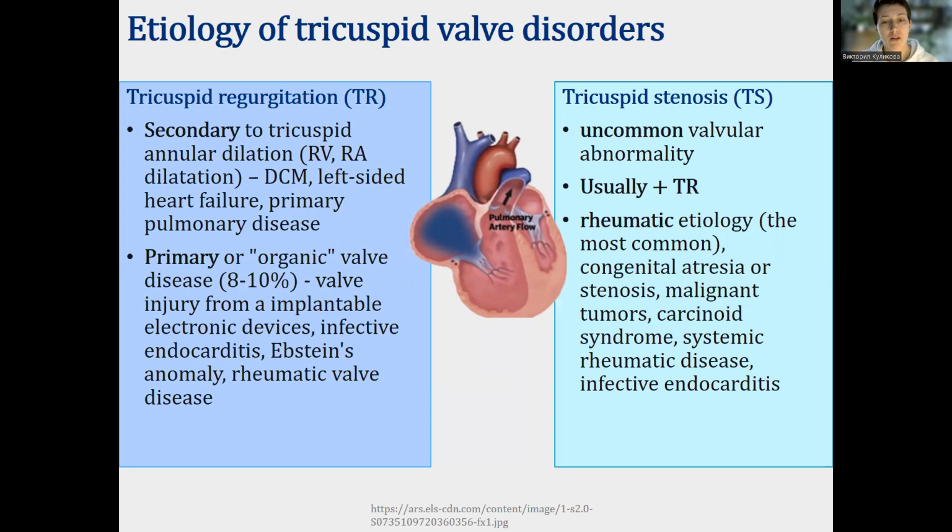Primary tricuspid regurgitation happens in case of valve injury from implantable electronic devices, infective endocarditis, Ebstein's anomaly, rheumatic valve diseases, etc. Tricuspid stenosis is a very uncommon valvular abnormality. It usually occurs with tricuspid regurgitation. Rheumatic etiology is the most common.